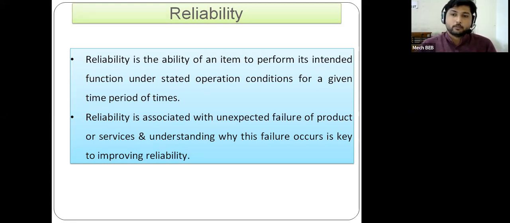Let us consider 1 month, 2 months, 3 months. You will trust that pen more, and in the examination also you will use that particular pen only. Your trust is built up over that product, so even during the critical time period you are using it. So that is the concept of reliability.